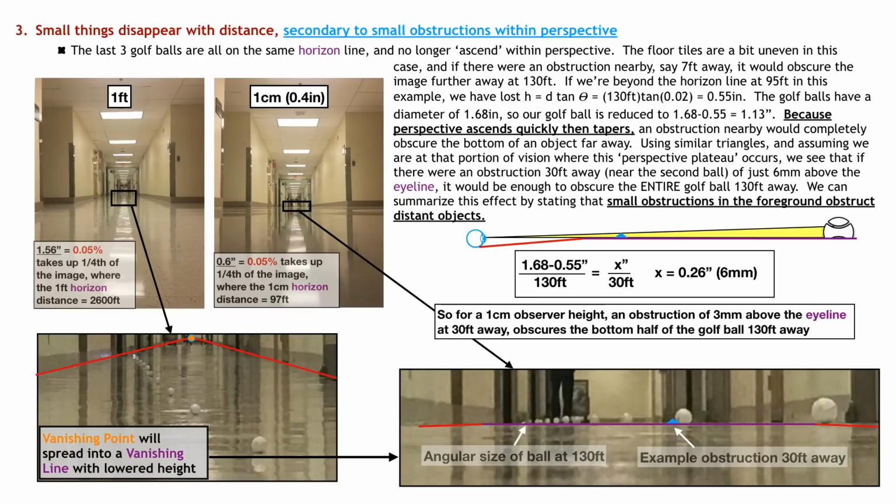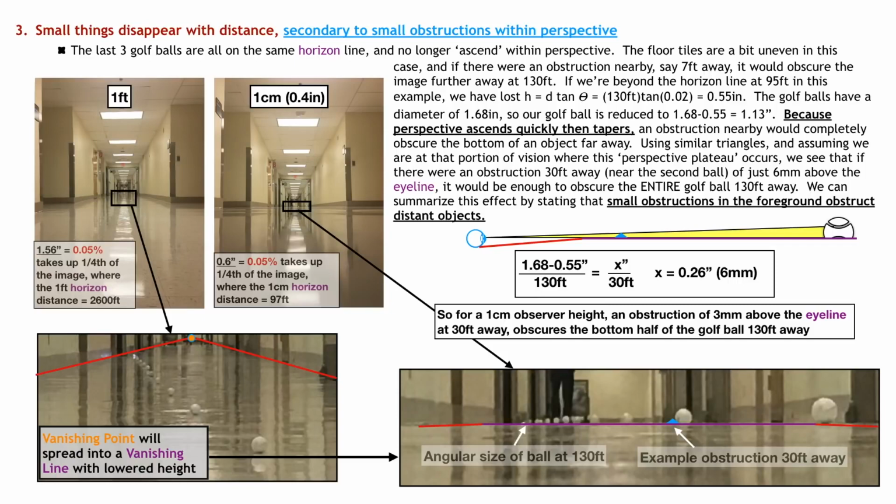And so in the bottom right hand picture, I've pointed to that golf ball that is 130 feet away. If we were to put an obstruction, let's say this blue triangle, in the nearby vision, let's say at 30 feet away, next to the 30-foot ball, you can see how if I were to put that in line with the 130-foot golf ball, it would completely obscure that ball.